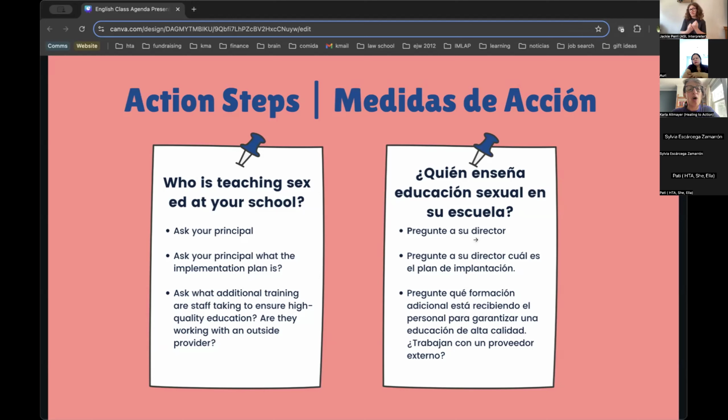And if they are working with an outside provider, how is the school ensuring that there is a trusted adult within the school that youth can go to with questions? These are questions that you can ask your principal and your local school council: what is the plan for implementation here?